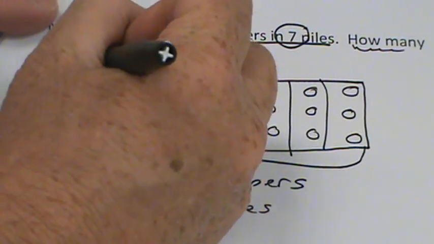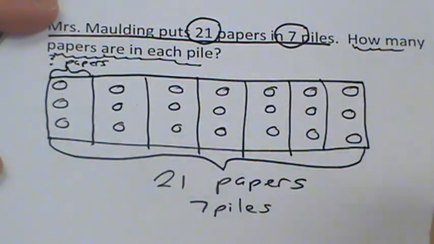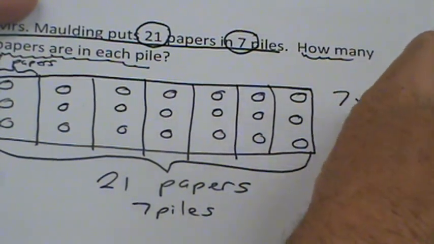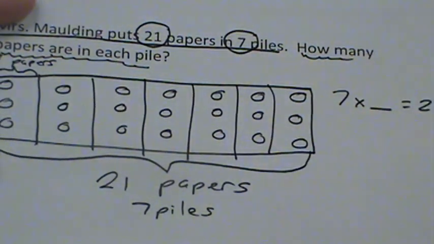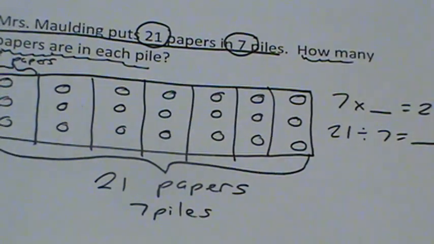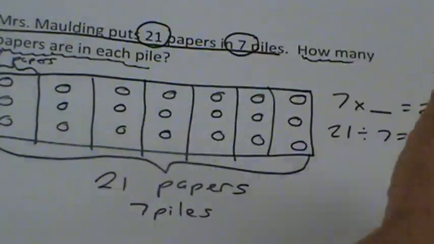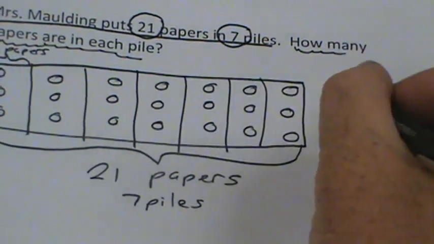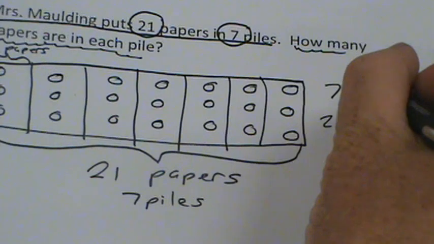But we can see that 7 times a number equals 21, and then 21 divided by 7 is going to equal something. Well, what? 1, 2, 3. It looks like 3 are in each pile. So 21 divided into 7 equal pieces is 3, and 7 times 3 would be 21.